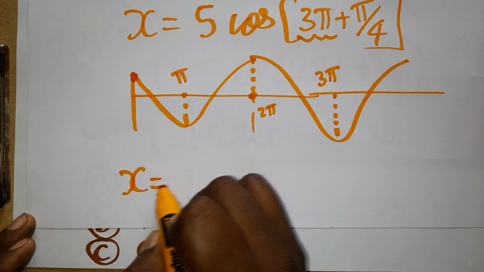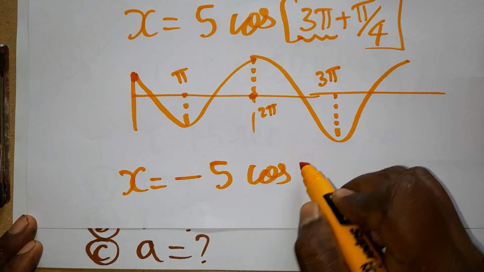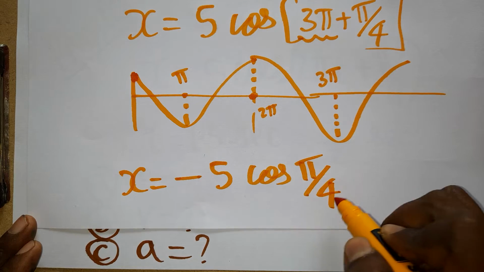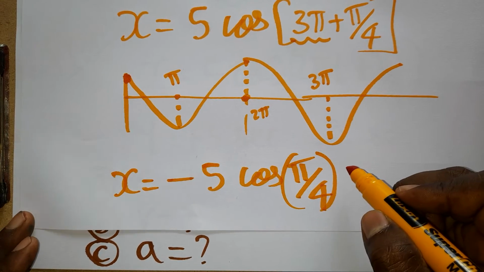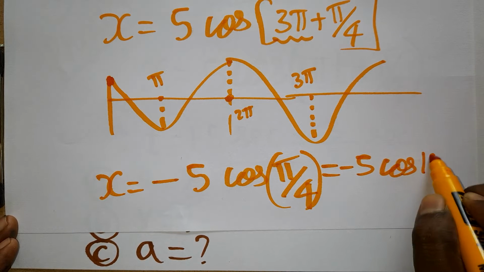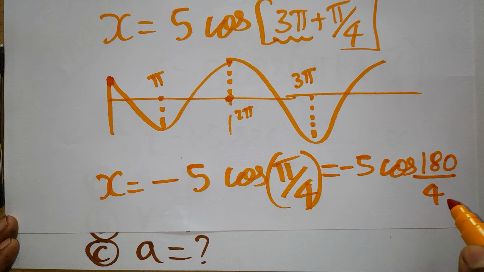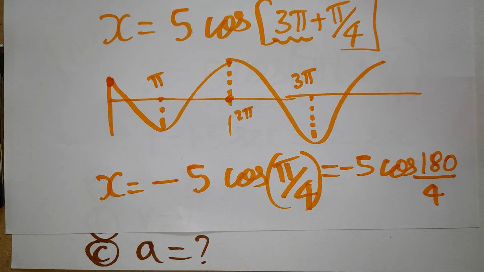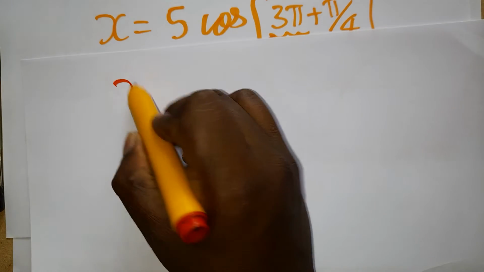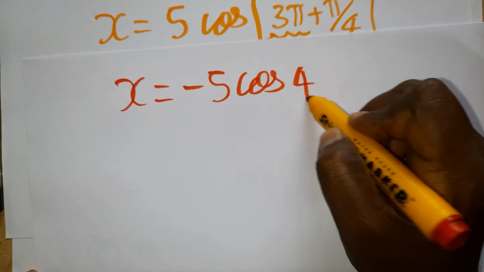So x is equal to minus 5 cos(π/4). For π/4 we can take 180 divided by 4, which is 45 degrees. So displacement is equal to minus 5 cos 45 degrees.